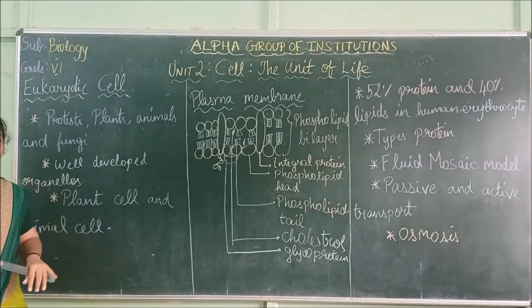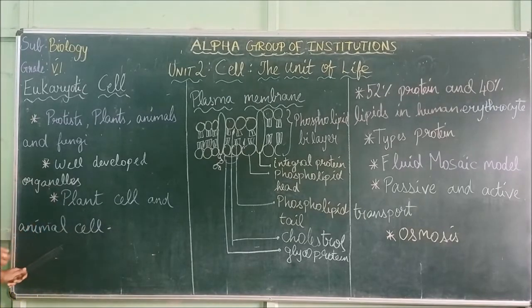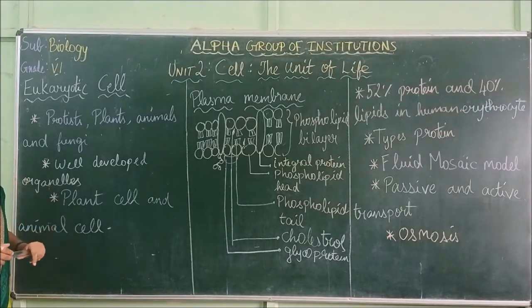Only the plasma membrane will be present, and there are very small vacuoles. But in the animal cell, you can find a structure called centrioles, which is present in animal cells but not in plant cells. So these are some of the distinct features of plant and animal cells.